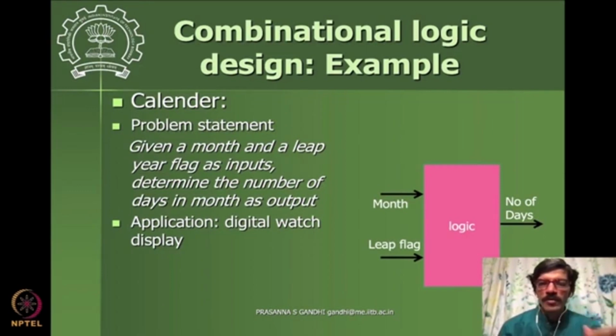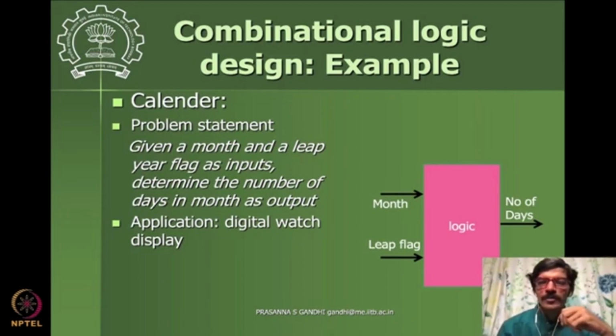So you need to find out all the possible inputs that could be there for the system, and then map them onto outputs, and then define some abstract combination of zeros and ones to represent these months. Say there are 12 months, so you need 12 different binary numbers to represent each month.